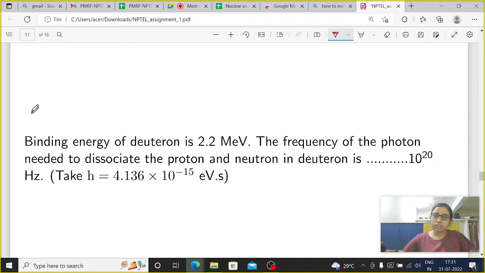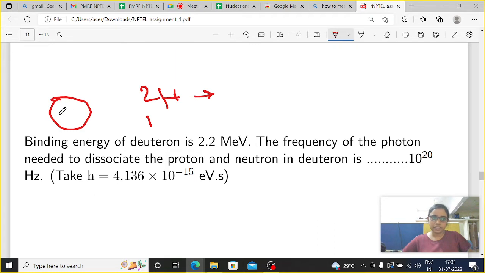As I already know, deuteron is nothing but H12. So H12 means inside that nucleus there will be one neutron and one proton, and the question gives us that the binding energy of that deuteron is 2.2 MeV.